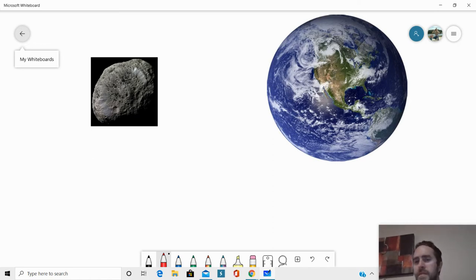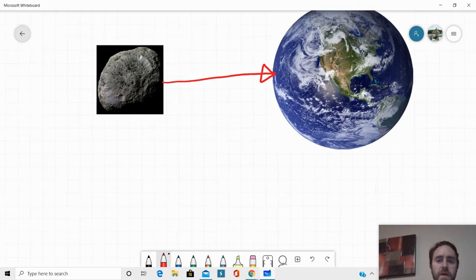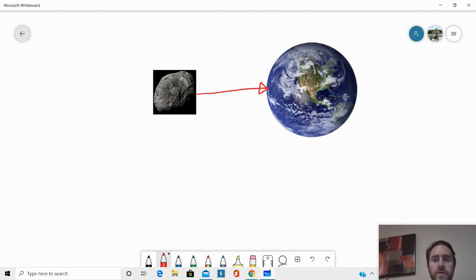We're going to think about the same thing, but slightly different. What if we've got this asteroid hurtling towards Earth, and we take a rocket ship out and try to push it and stop that asteroid? We can do that using Newton's second law of motion.